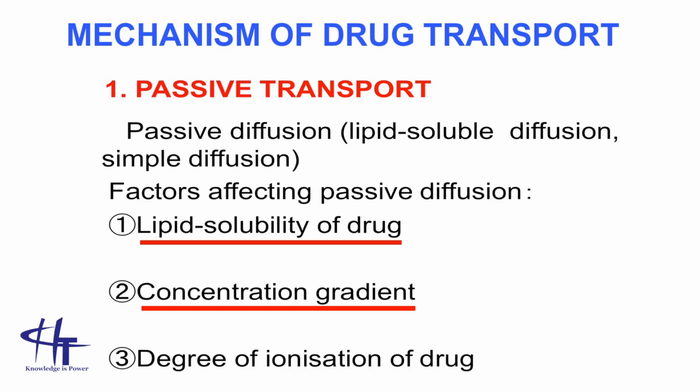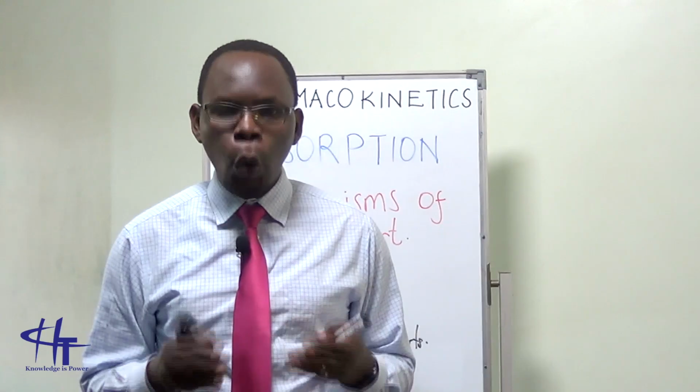Then the other factor that is very important is the degree of ionization of this drug. If this drug in solution appears mostly in its non-ionized form, then it will easily diffuse. Why? Because we said for all the drugs to be absorbed, they have to be in their non-ionized form or state.